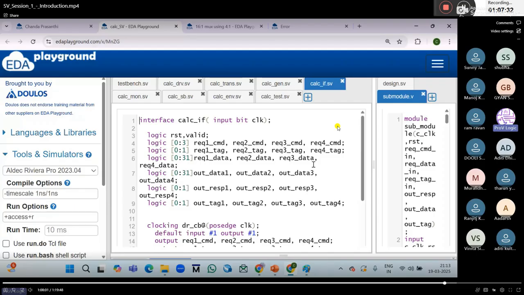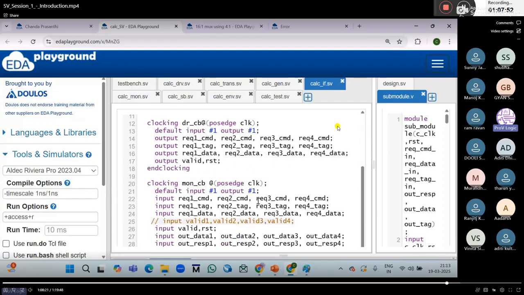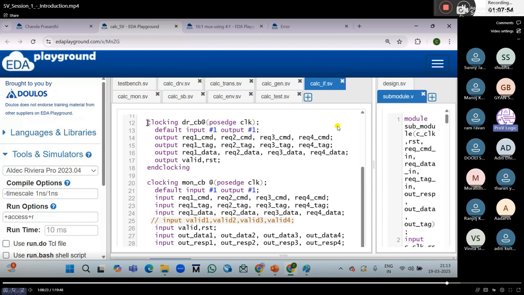But whenever you want to write a program quickly, you can use EDA Playground. This is how we write the interface block. We write all the inputs and outputs here. I will explain later clearly. Clocking blocks and modports, we write like this.